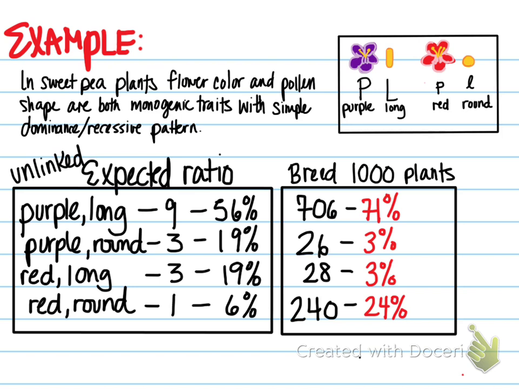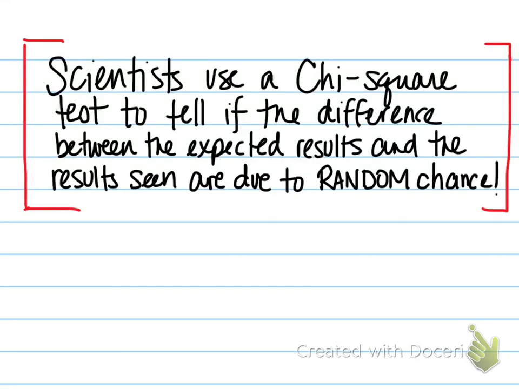But a gut hunch isn't enough to go on. Scientists actually use statistical analysis. That's math, folks. They use a test called the chi-square test to tell if the difference between the expected results and the results that they're seeing, or the observed results, are due to random chance alone, or could be.